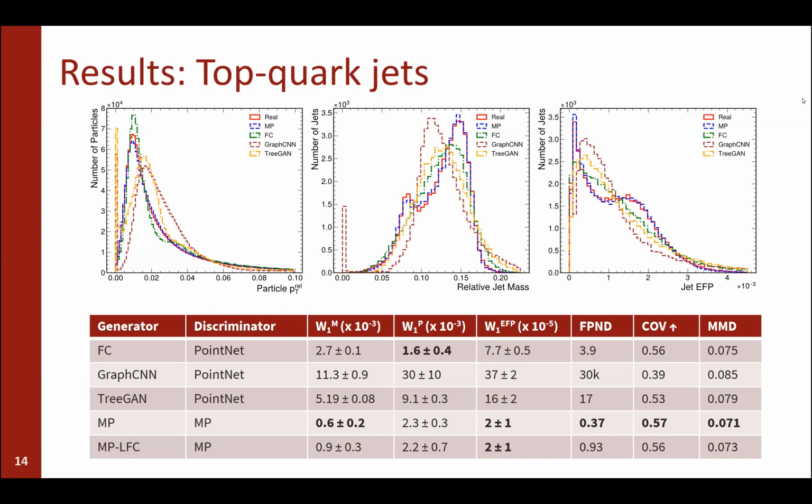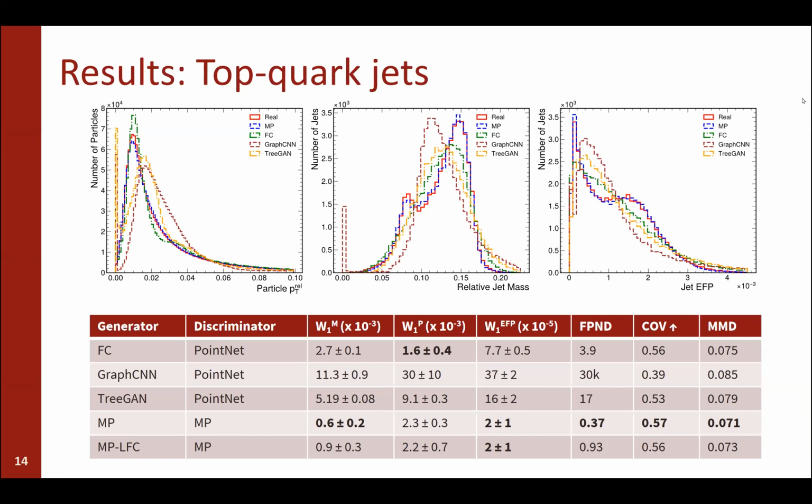If you look at the relative jet mass, you know that the top quark has a two peak structure, right? When the top is fully merged, and when it's the W fully merged plus the b quark. And you see that the only distribution that is on top of the red is the blue, so it's the message passing. All the others fail to describe the structure of two peaks.